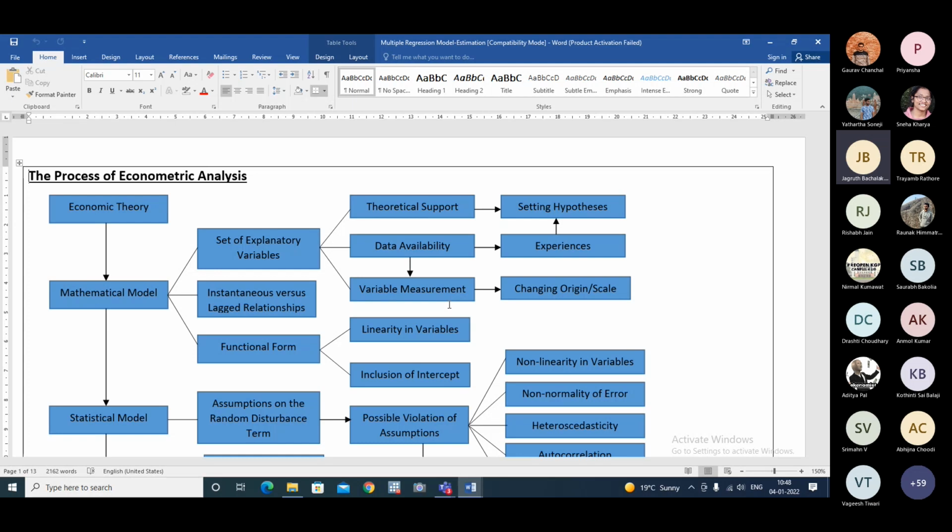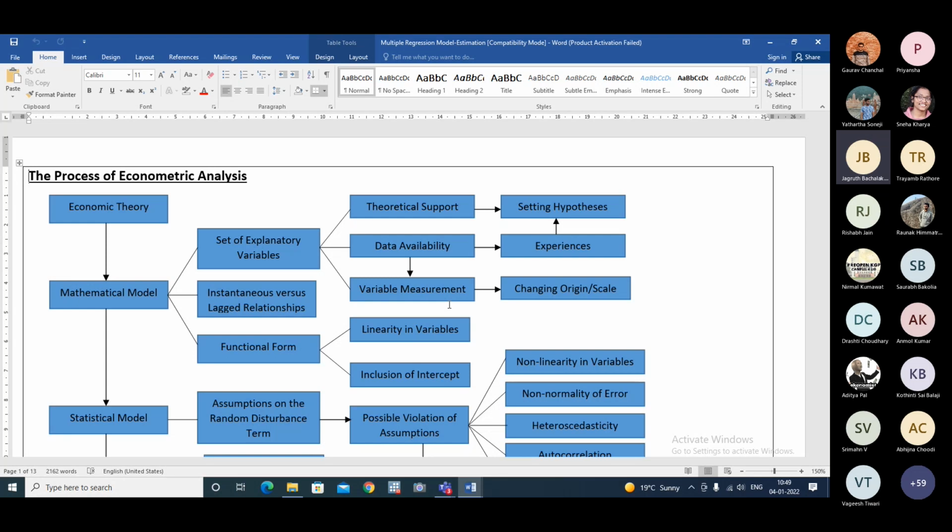Say you are interested to add one variable, that is profitability. Whether you would be measuring profitability as profit after tax by sales or profit before tax by sales depends on whether you have data on profit after tax or profit before tax.